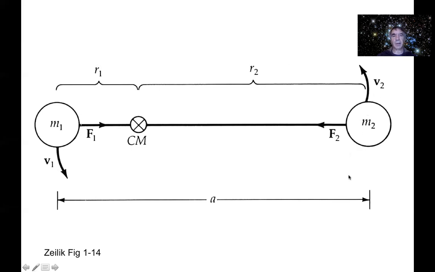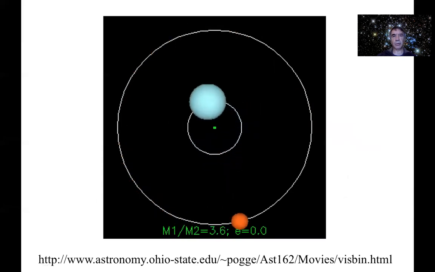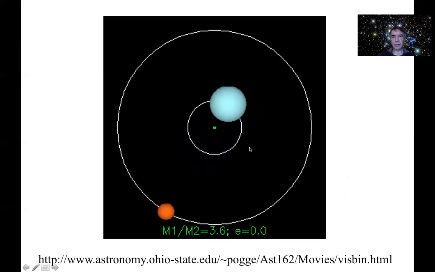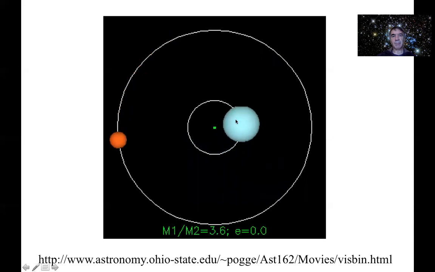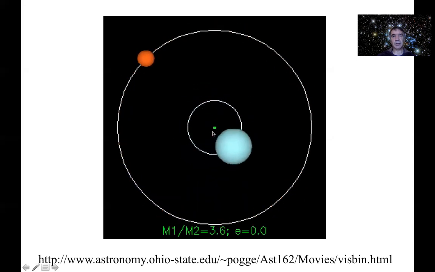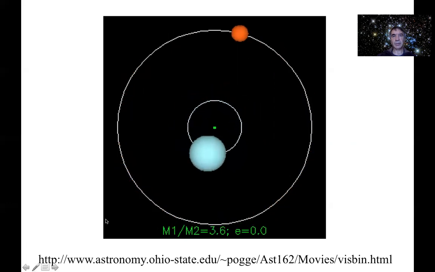I've got a little movie here showing you this idea of orbital motion around a center of mass. The green dot in the middle is the center of mass. The blue star is the more massive star here, and so you can see that it's closer to the center of mass than the lower mass star, which is whizzing around the outside.